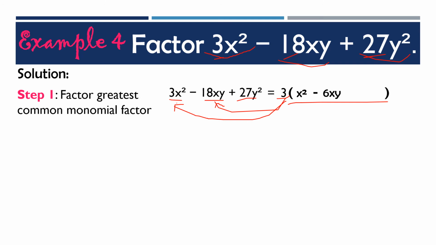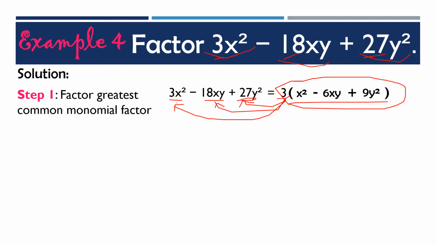How about the last term? 27y squared divided by 3. That would be plus 9y squared. Then, our new expression is 3 times the quantity of x squared minus 6xy plus 9y squared.